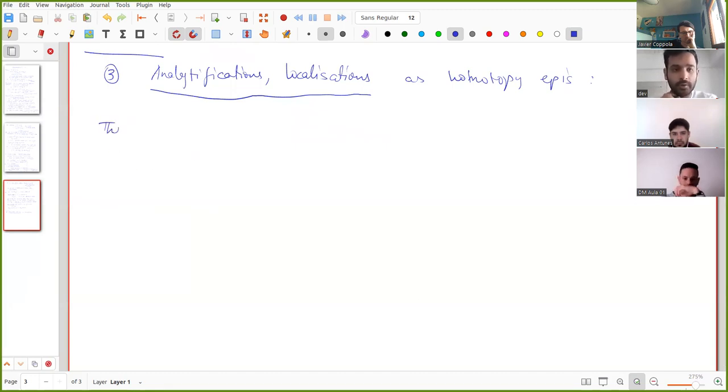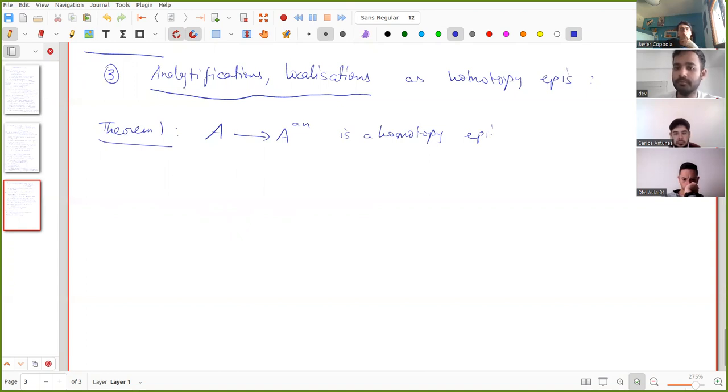Okay, so the theorem is that A to A^N, where recall that A was polynomials and A^N was power series with some convergence conditions on the coefficients, is a homotopy epimorphism.